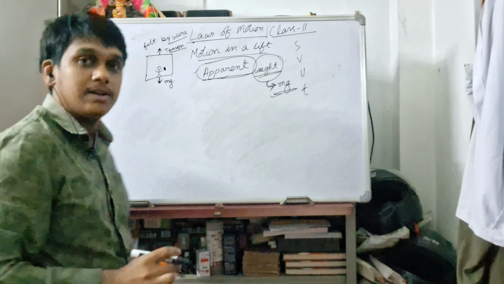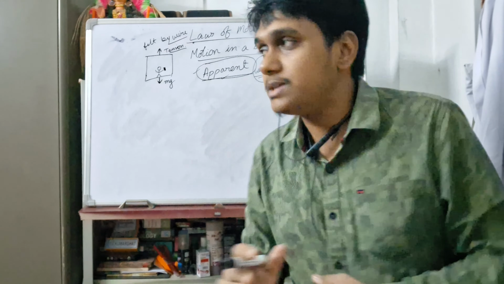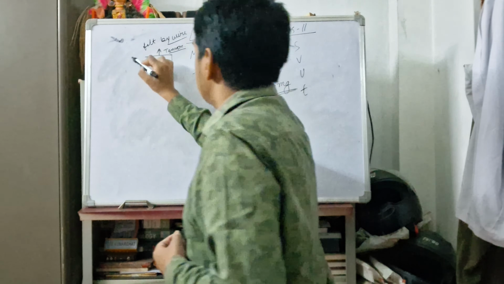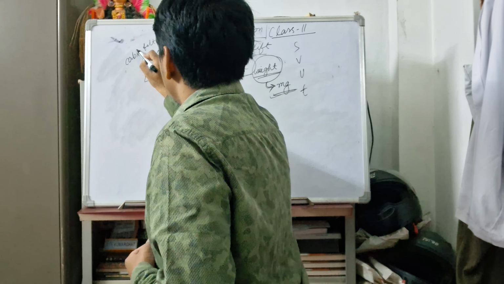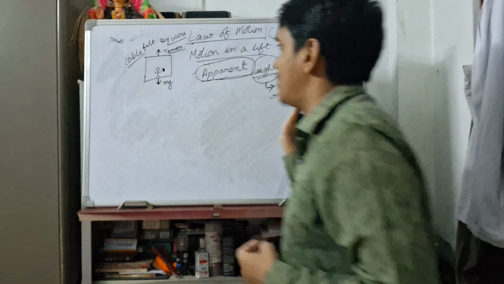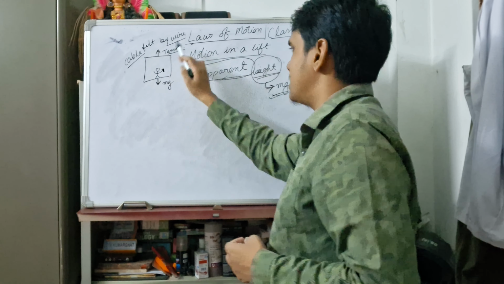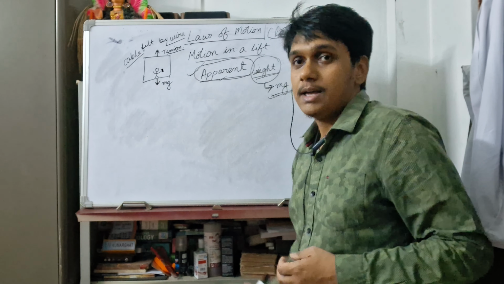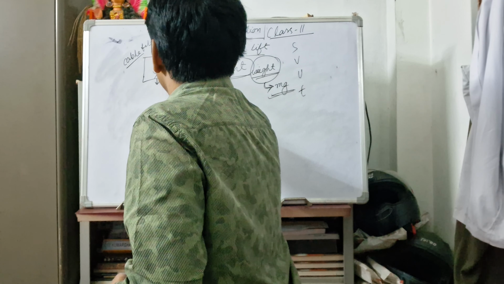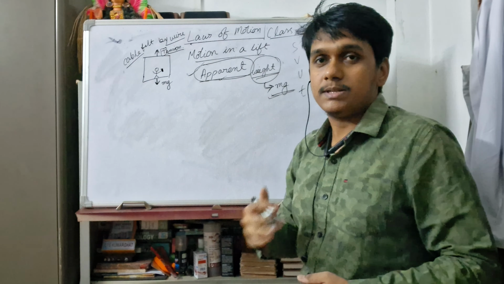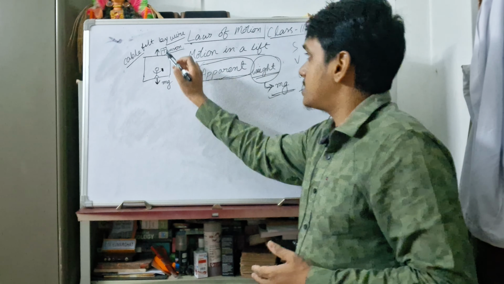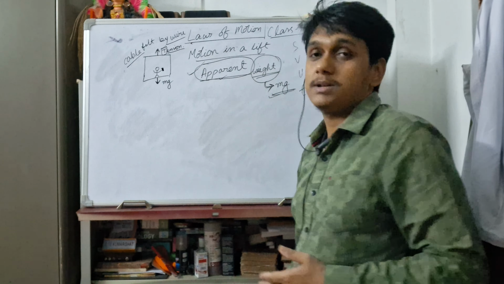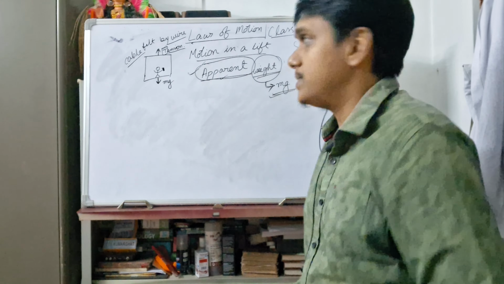But sir, I know this is the lift, this is tension, this is mg. Okay, but what is the apparent weight? Whatever change the term T faces, it will be considered as your apparent weight.